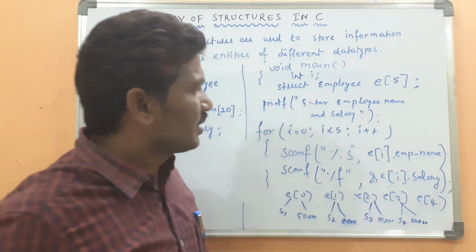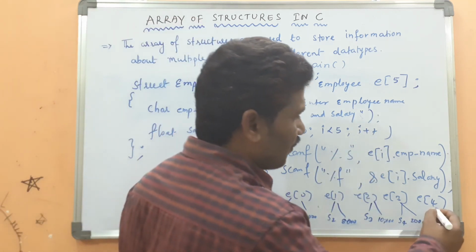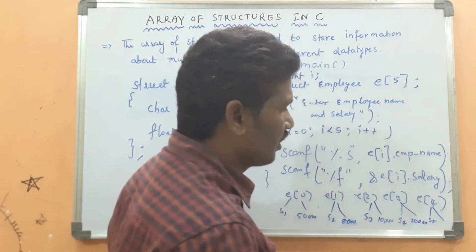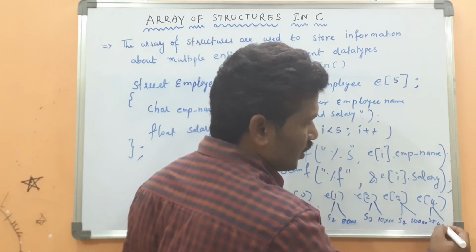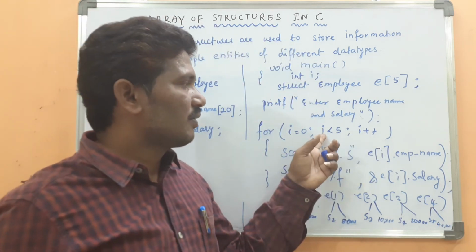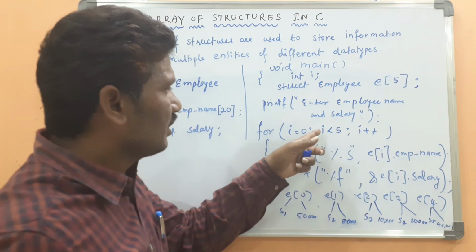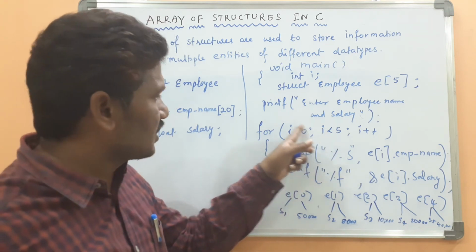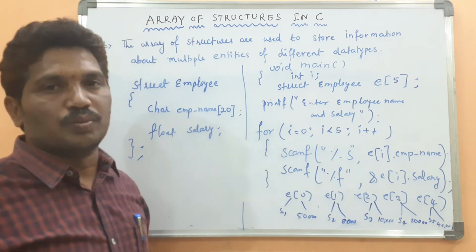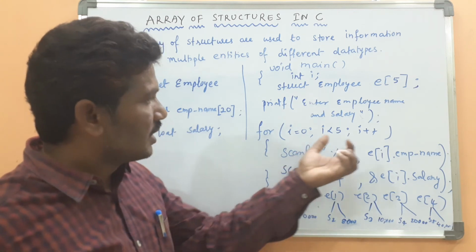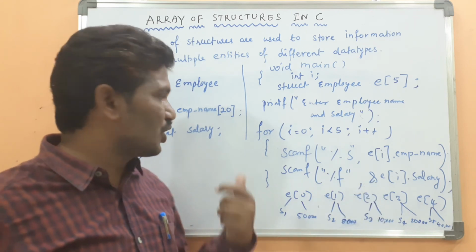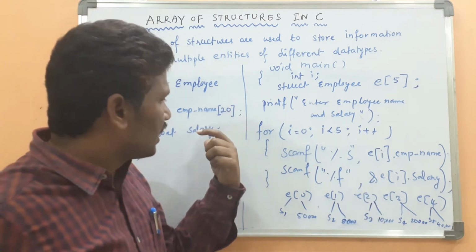Then after that E of 4, suppose S5 name, then 40,000. Whenever I value becomes 5, 5 less than 5, the condition returns false, then it comes out of the loop. Because every index can store the information about the employee name and salary.